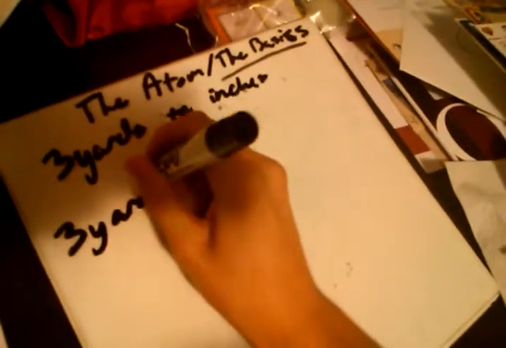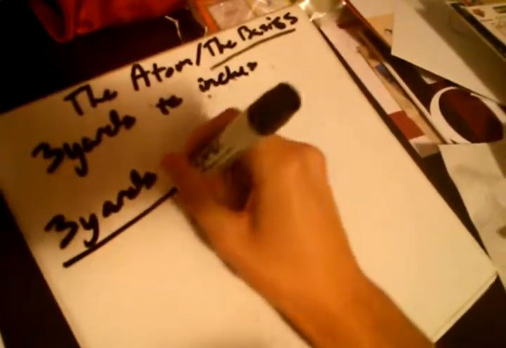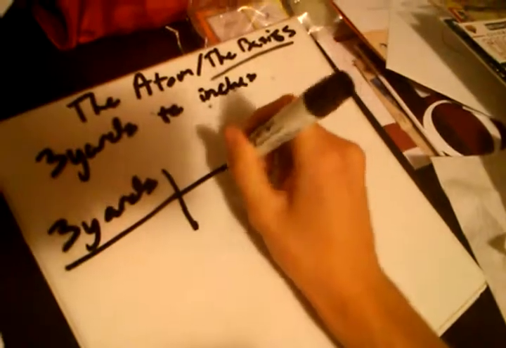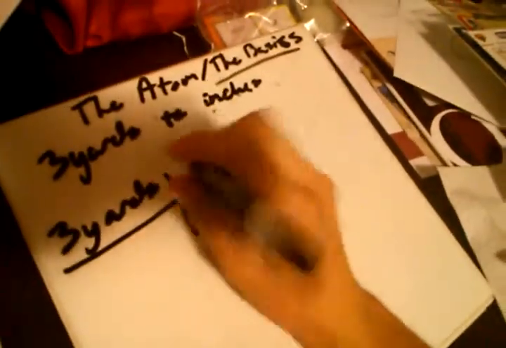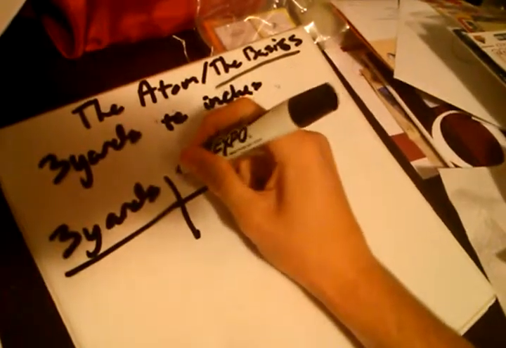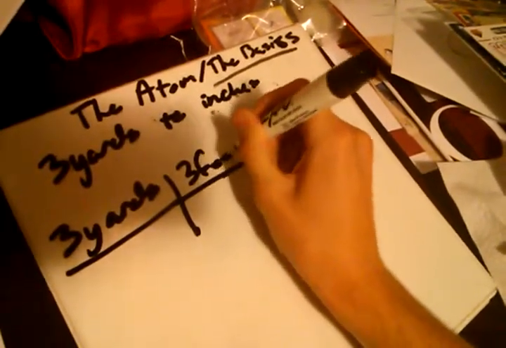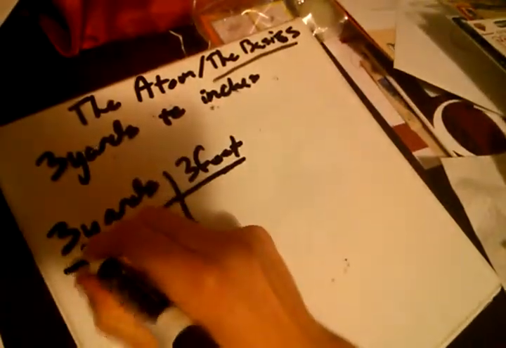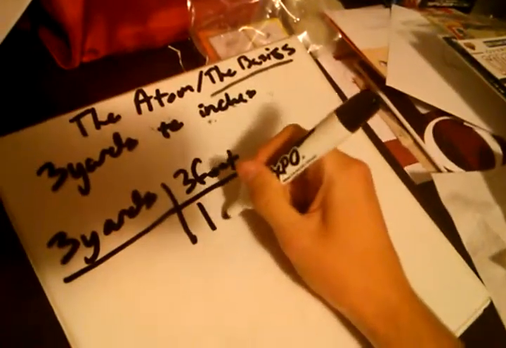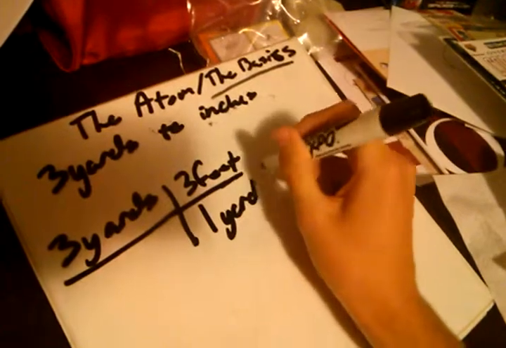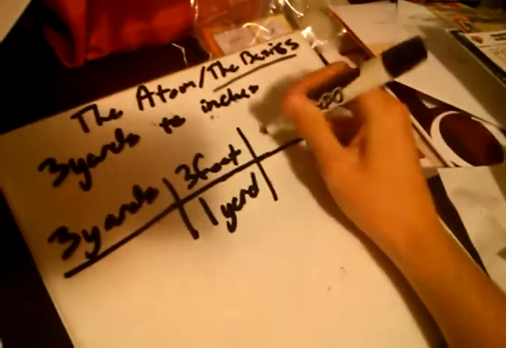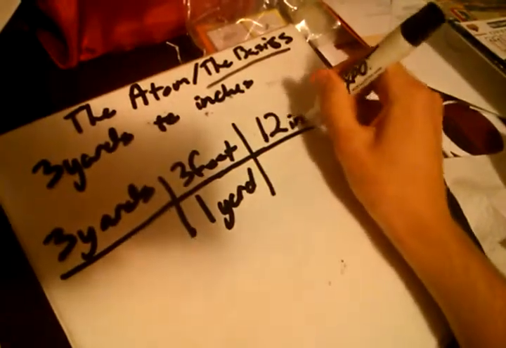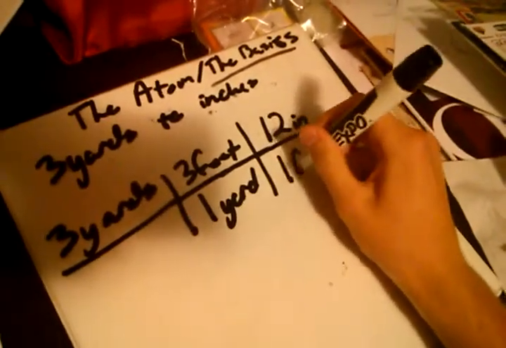So we're going to start off by writing 3 yards right here, and then next we have to convert it to feet, and we know that in every yard there's 3 feet, so we can put 3 feet here. And then to cancel out the yards, we divide it by 1 yard. And then to convert it to inches, we know that there are 12 inches in 1 foot.